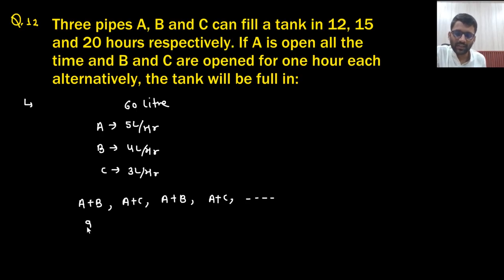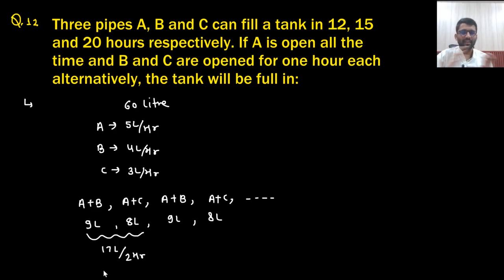So A plus B is there, that means 9 liter. Then A plus C is there, that means 8 liter. Then again 9 liter, 8 liter. So in 2 hours, 17 liter in 2 hours we are getting. So let's reach near.